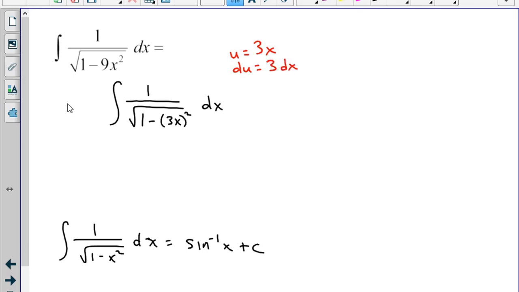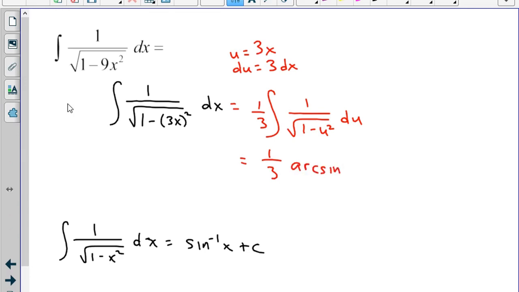And so now I have the integral with a 1/3 on the outside because dx equals 1/3 du. So I have 1/3 times the integral of 1 over the square root of 1 minus u squared du. And I know that that is 1/3 times arc sine, or inverse sine, of u plus c.